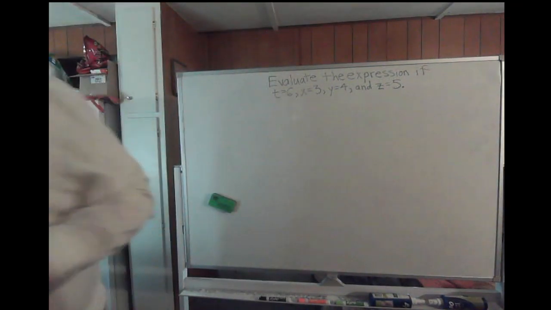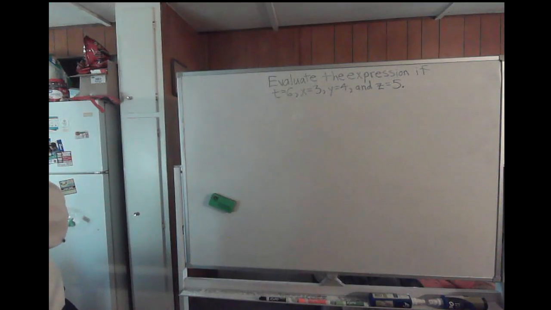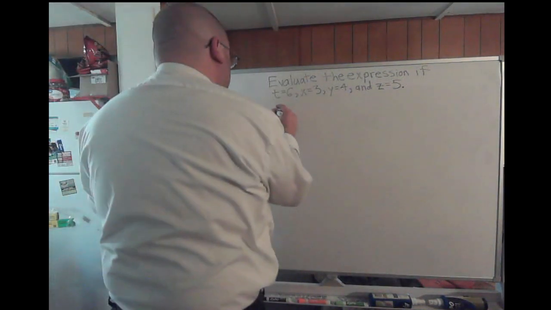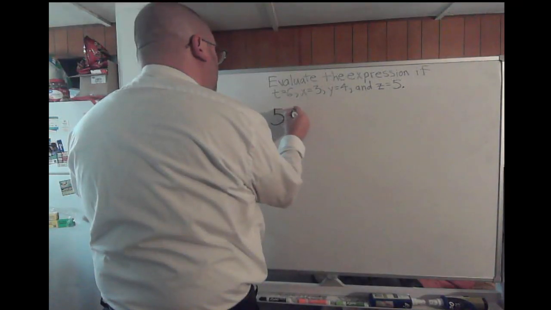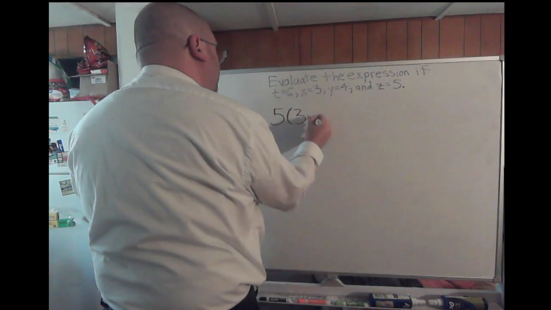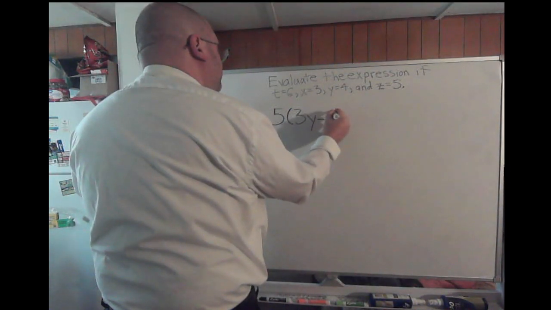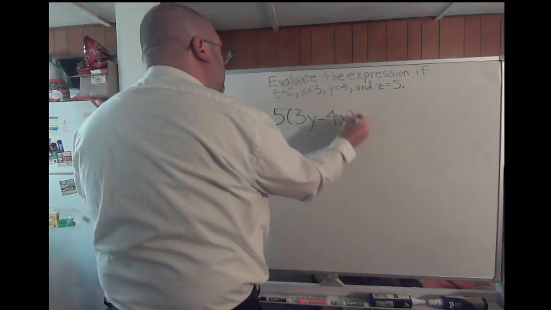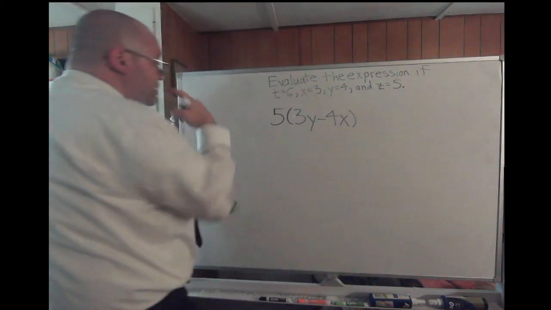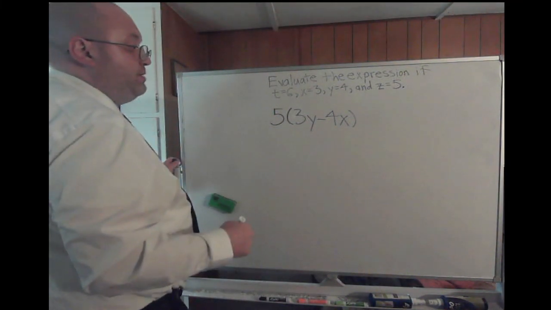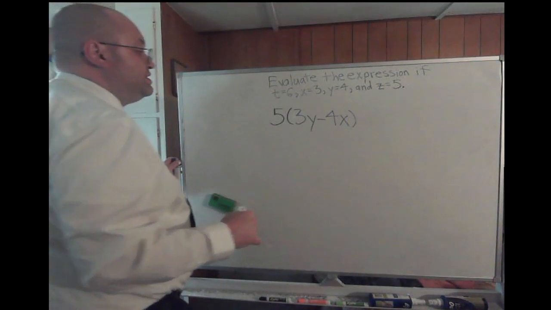Alright, what do we got here? We got 5 times the quantity of 3y minus 4x.